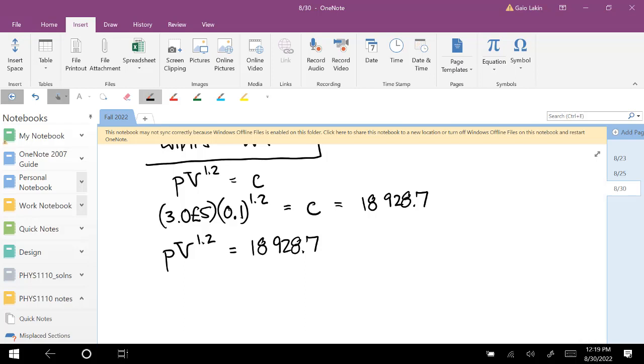Now multiply both sides by V to the power of negative 1.2. So P is equal to 18,928.7 times V to the negative 1.2.